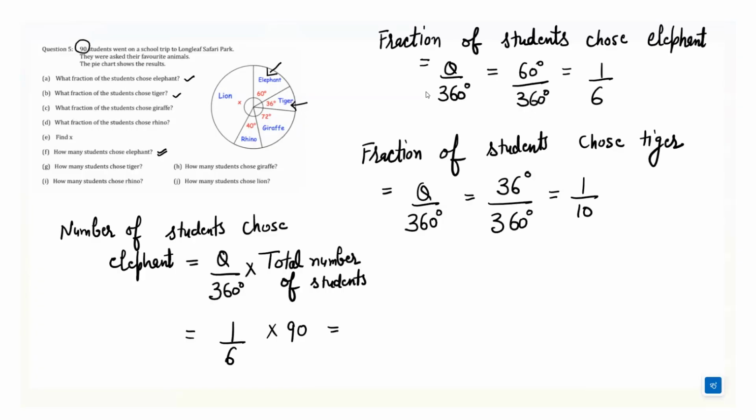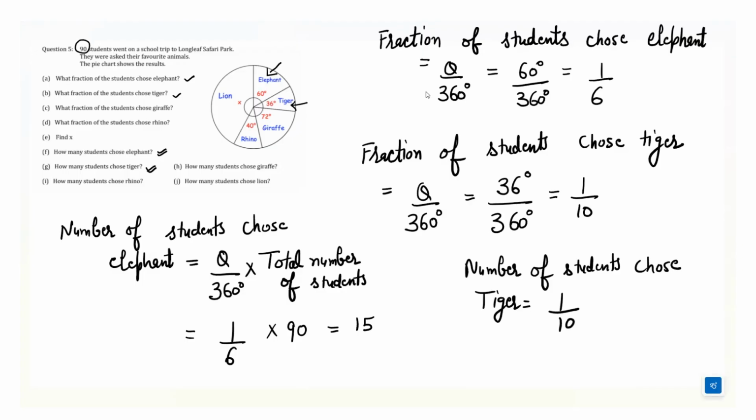Now, if we simplify it, we will get it equals to 15. Similarly, if I have to find out how many students choose tiger, we will use the same formula. Number of students who choose tiger is equals to the fraction we already know, into 90, which is equals to 9.